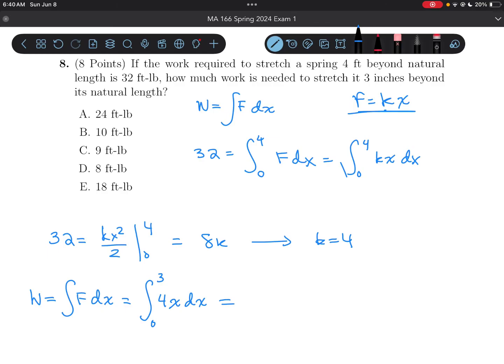And so I get the integral of 4x, which is 2x squared from 0 to 3 by doing the antiderivative, which means that the answer, once I plug in 3, is 18. So that means the answer to question 8 is E.